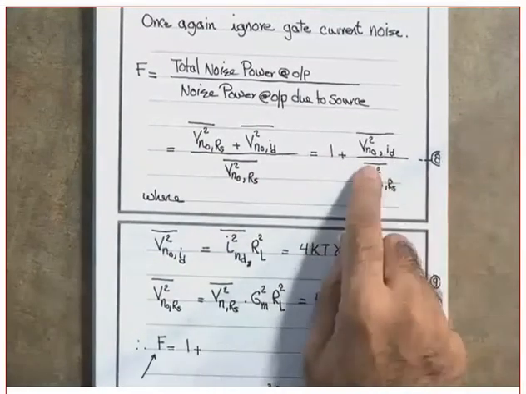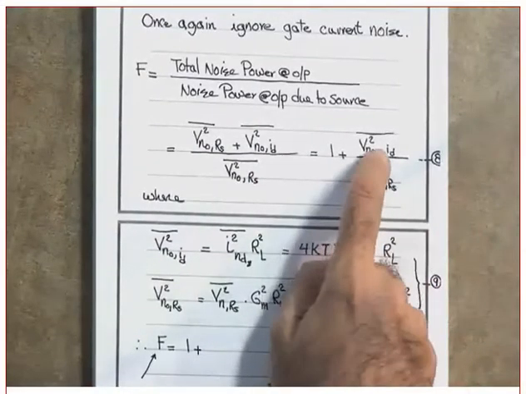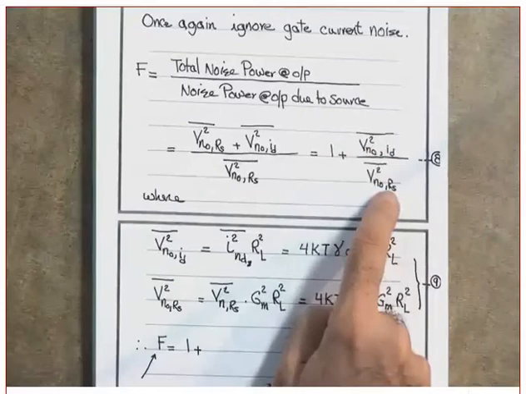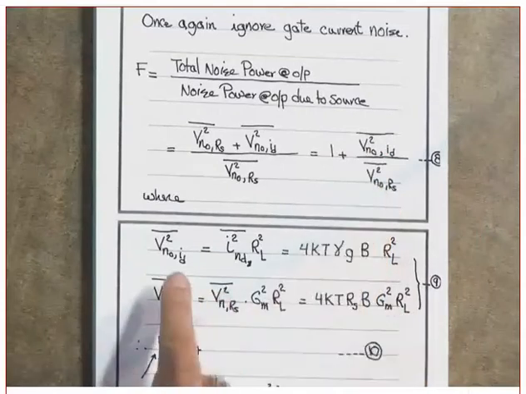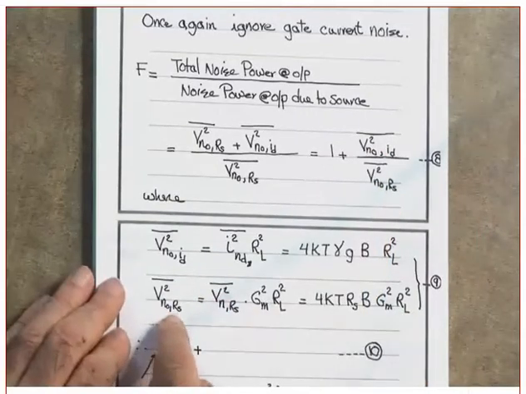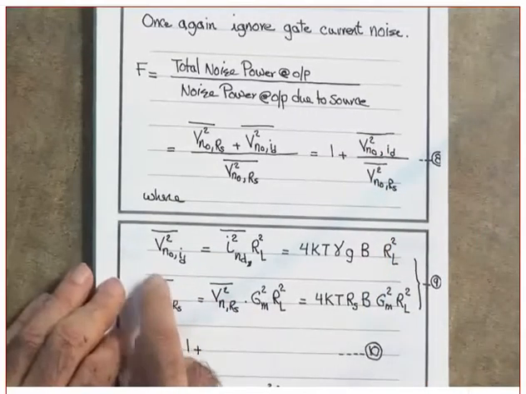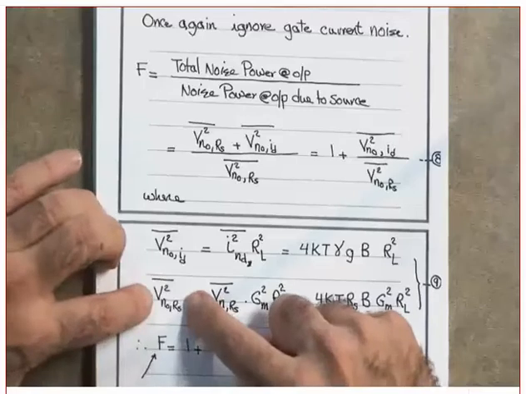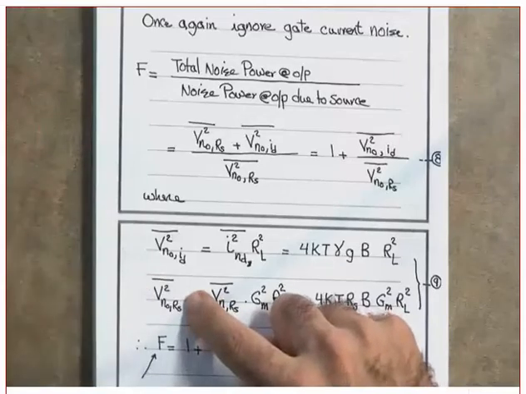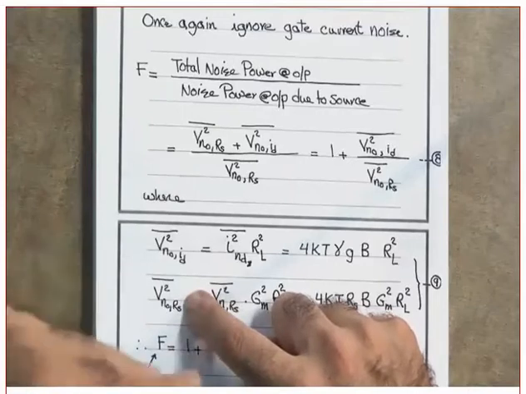Now, what do I need to find? I need to find this term, and I need to find this term. Let's start with this term, because this one is easier. What is VNO, RS, square bar? First of all, explain to me what this is in words. That's the mean square voltage of the noise at the output due to the source.